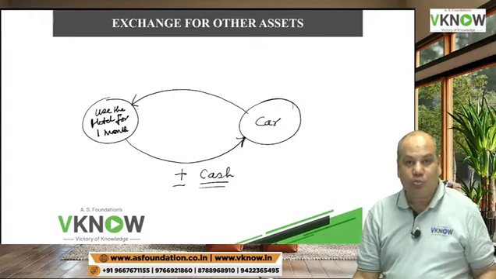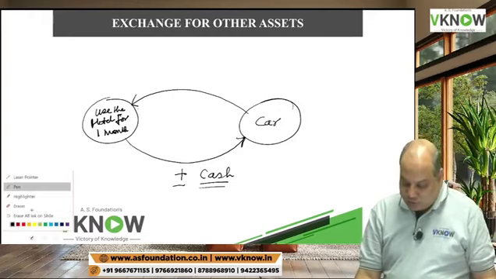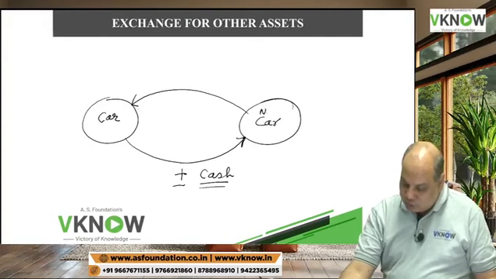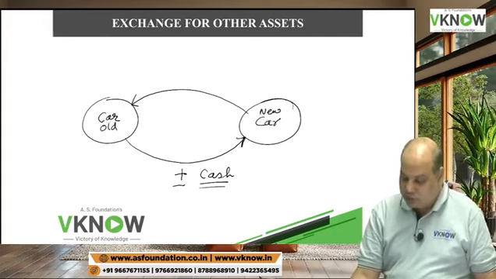Like when you go to purchase a new car. Recently I purchased an i10 car, okay? And I had an old i10 also. So new car purchased, old car given.